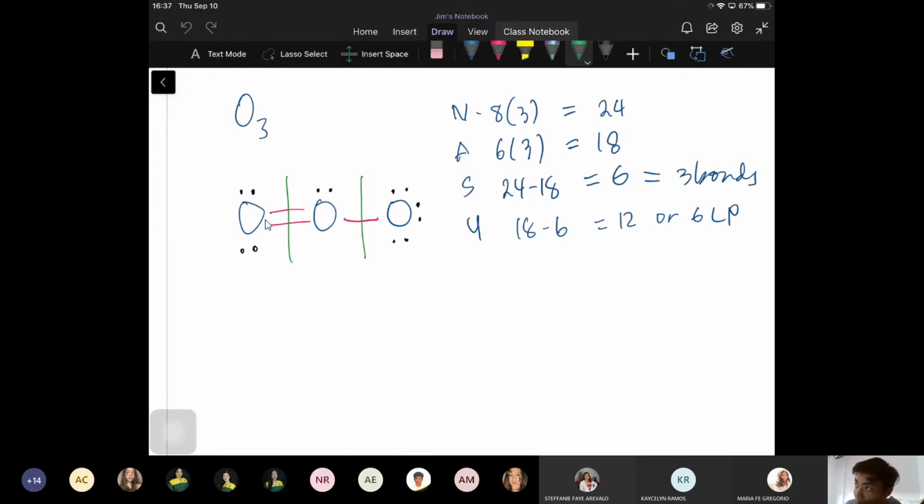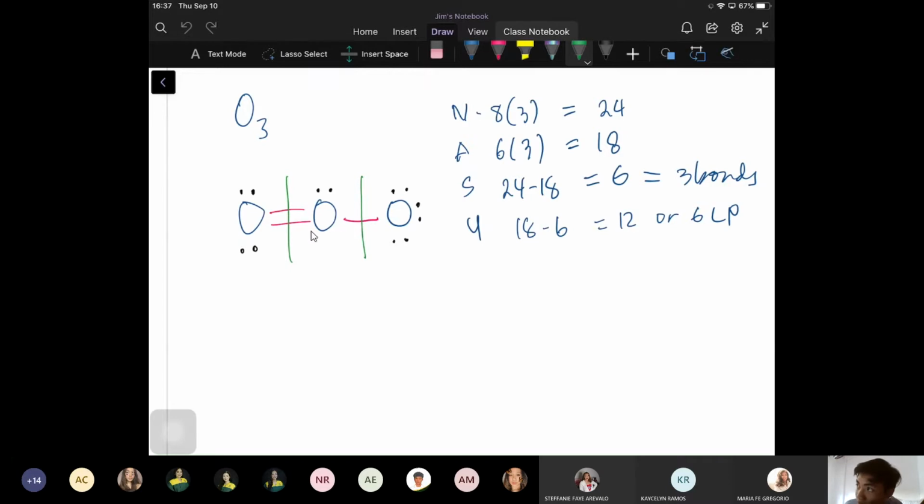Remember, a bond counts as two electrons, and one of them is located at the other end. So there are 6 electrons here and oxygen has 6 valence electrons, so that's 0. This oxygen will not have any formal charge.